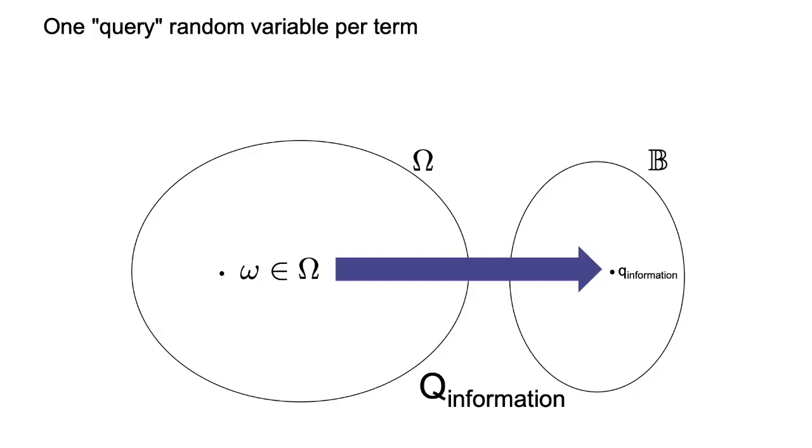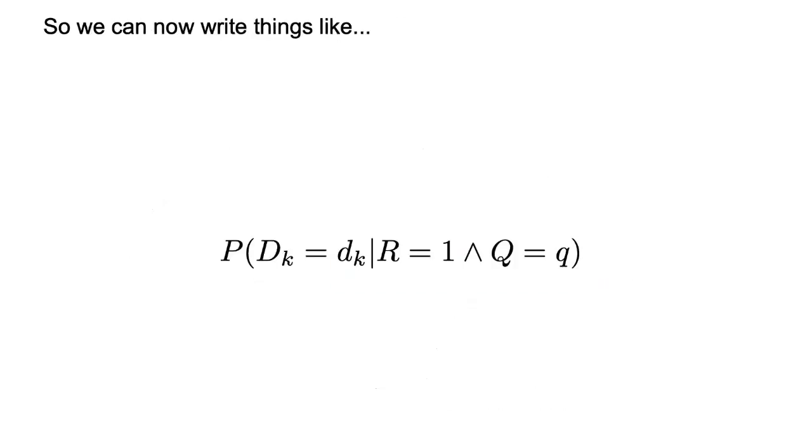You can do the same with the query. You can define the random variable big Q information, that is a function that assigns every room a 0 or a 1. It assigns the rooms a 1 in which the query contains information, and it assigns the rooms a 0 in which the query did not contain information. And this little q information, again, you can set it to 0 or 1, right?